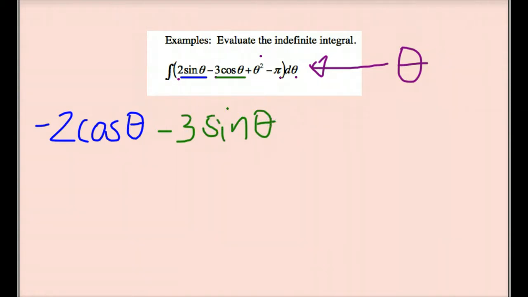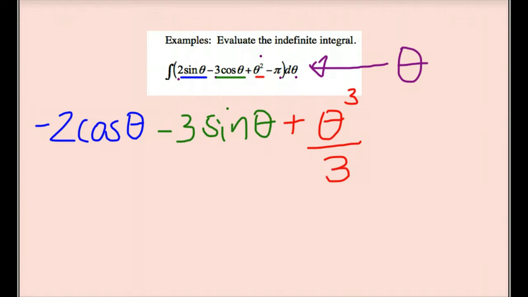Then if I continue on, I get a theta squared. This doesn't use any trig identities, but I do use the power rule. I have a theta squared, which means I make it a theta cubed because I add 1. Then I divide by the power, which gives me theta cubed over 3.